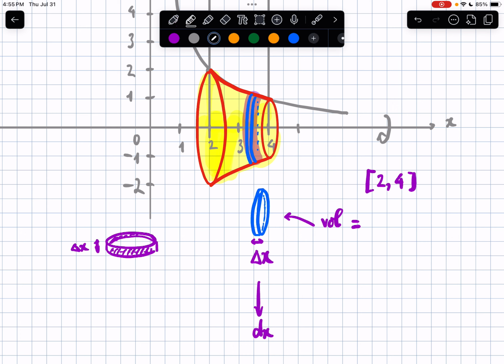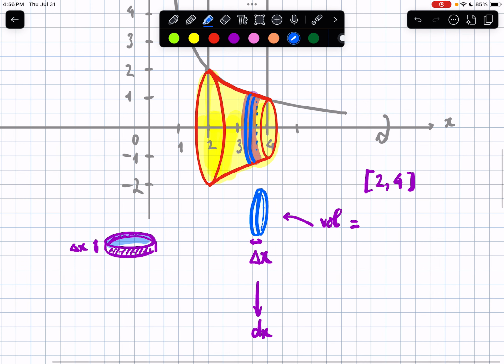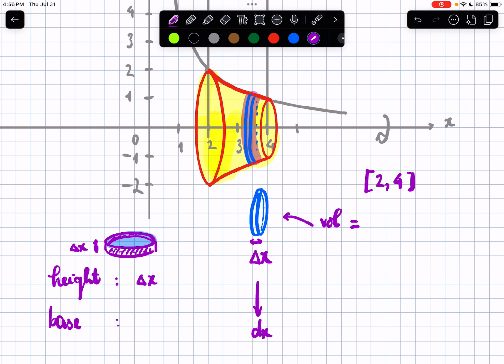The base is this disc. Height is delta x and the base is a disc. So the volume is the area of the base times the height.